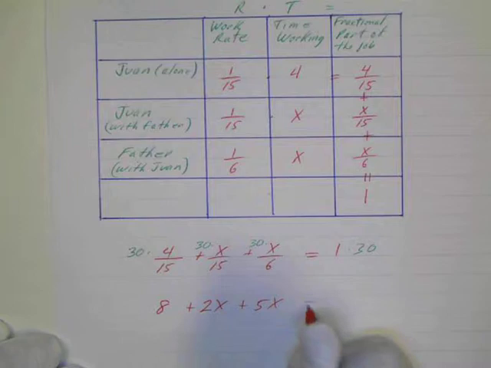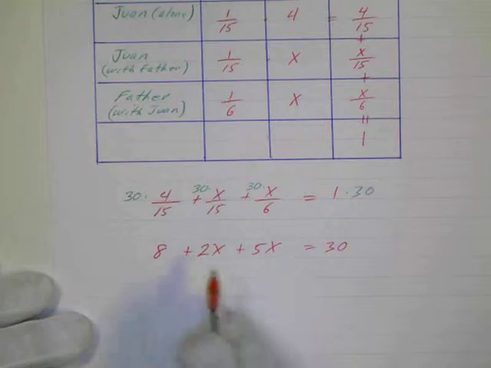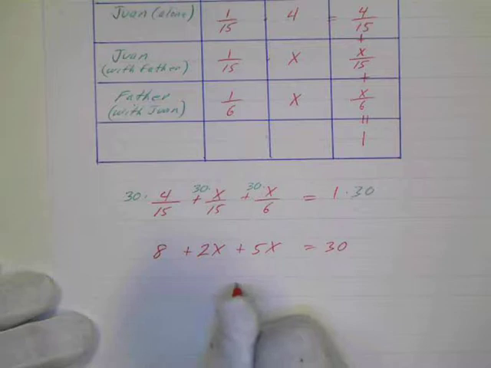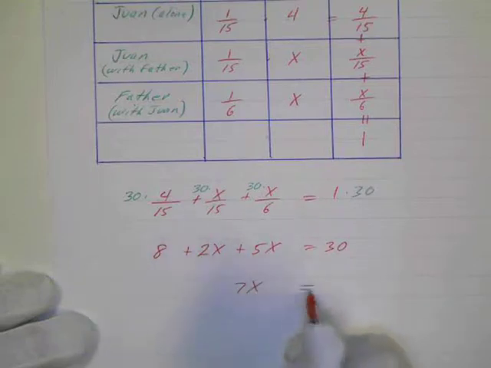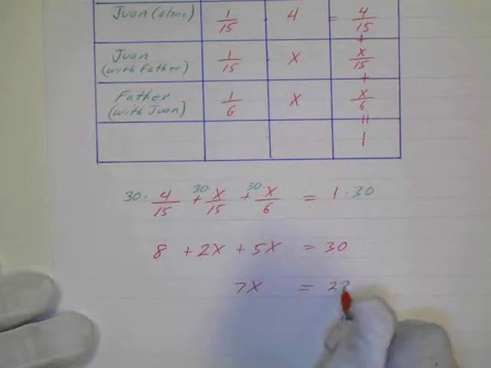And then 1 times 30 is 30. We can add these up. So 2X plus 5X is 7X. And I'll subtract 8 from both sides, so 30 minus 8 is 22, and 2X plus 5X is 7X.